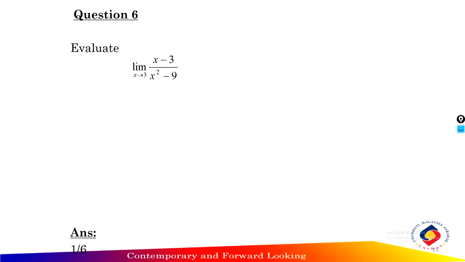Question 6. Find the limits of the rational function: the limit as x approaches 3 of (x minus 3) over (x squared minus 9).